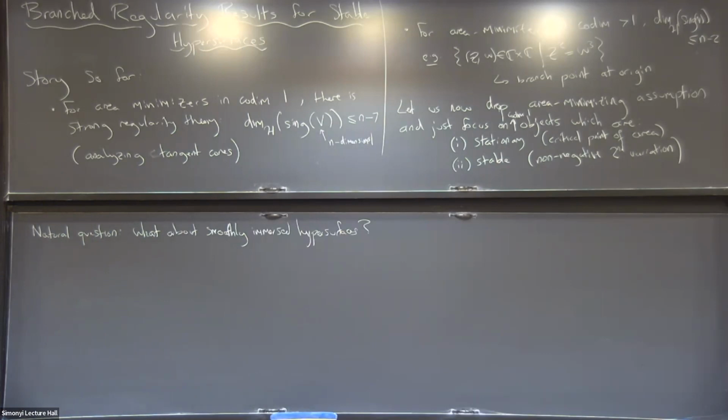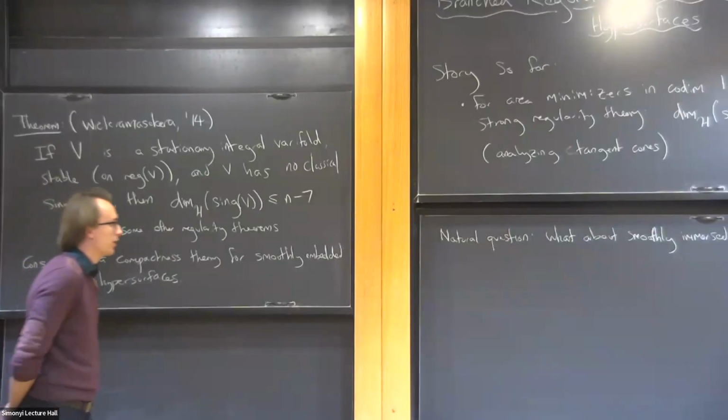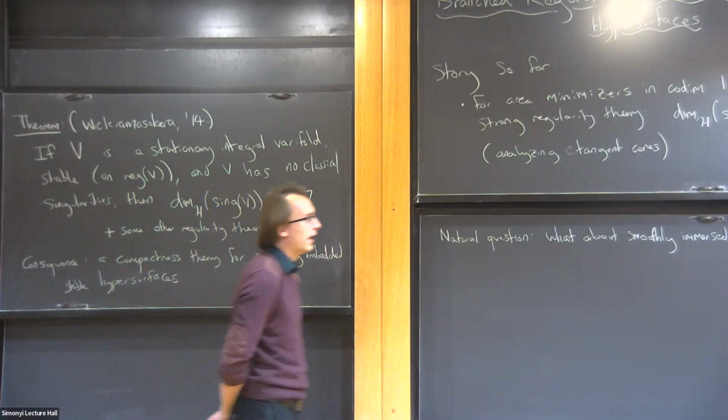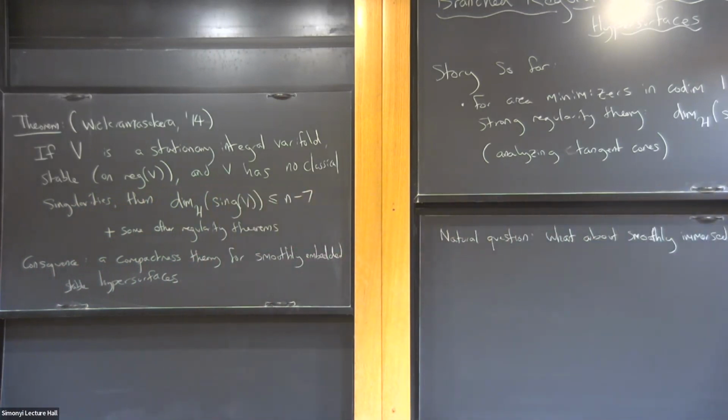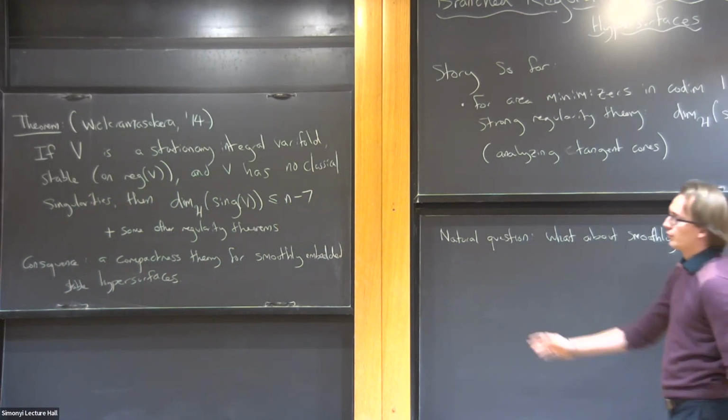And this result also tells you that if you have these very bad branch points, like we had in this higher codimension setting, then the branch points have to be limits of classical singularities.